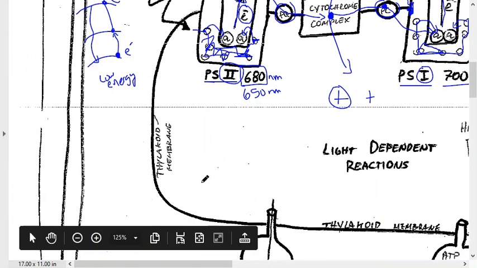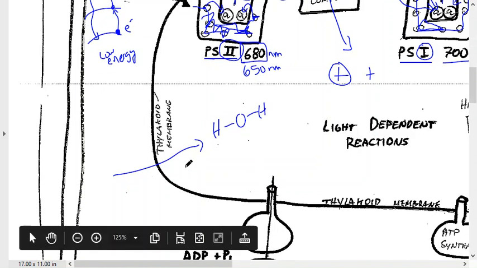Well, remember that plants are also bringing water up from the roots. And water will diffuse through the thylakoid membranes into the thylakoid space. So let's make a little note of that.